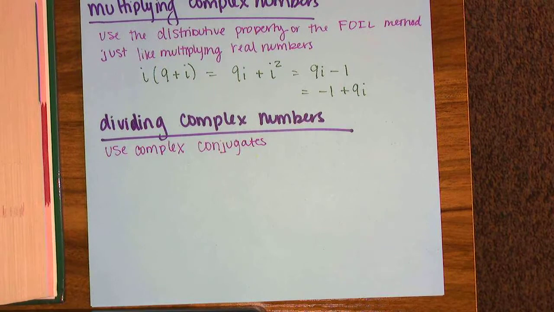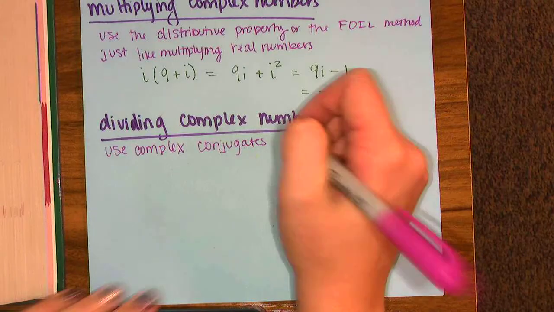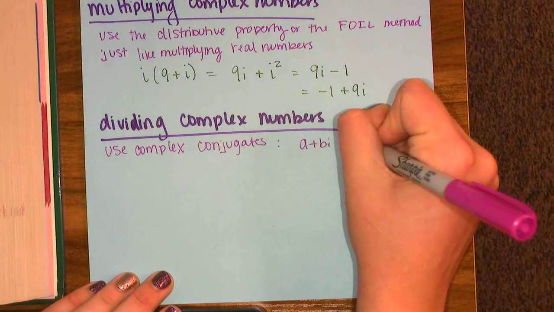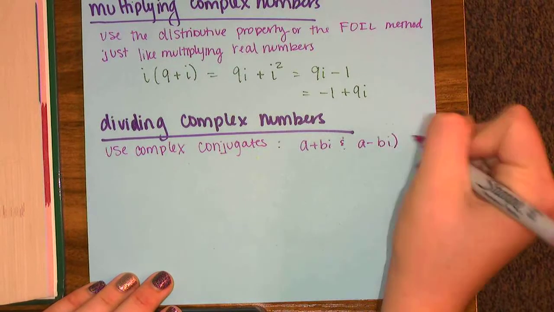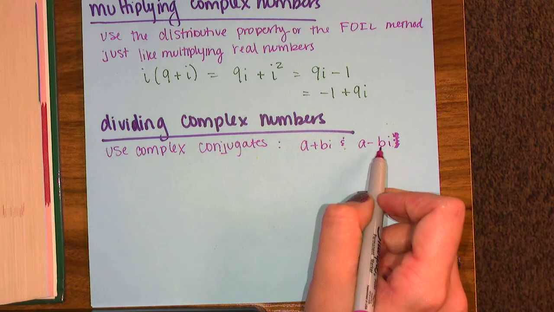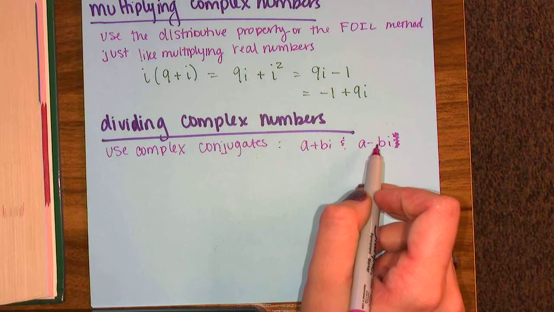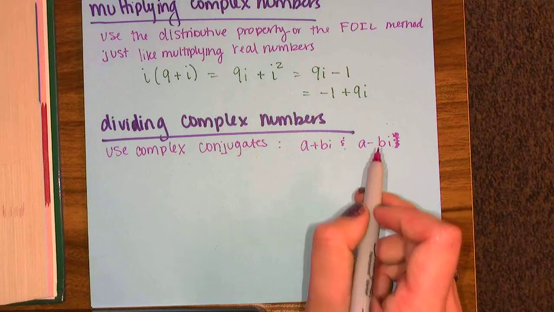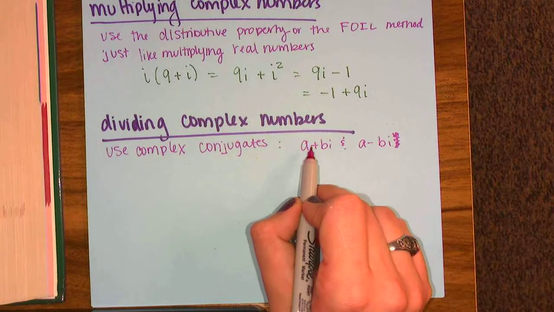Let me tell you what complex conjugates are. They're going to be A plus BI and A minus BI. If you're given this one, you multiply by this one. So you change the sign in the middle just like we do with the radicals, in the last section, I believe it was. If you're given this one, you multiply by this one, top and bottom.